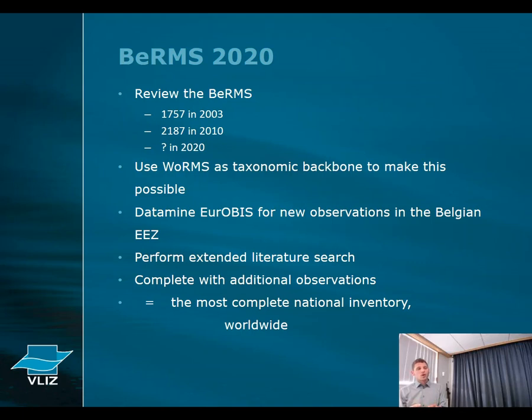We will also data mine ERMS for new observation species in the Belgian EEZ, perform an extended literature search on missing information, and then, as also mentioned by Michiel, complete with additional observations and new tools and methodologies, in order to try to create the most complete national marine inventory probably worldwide.